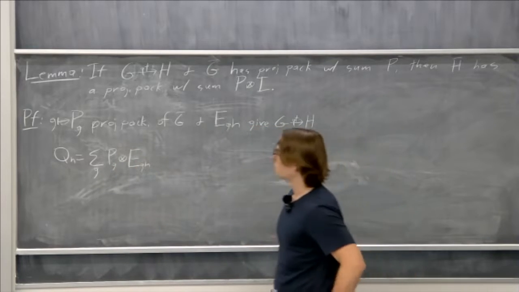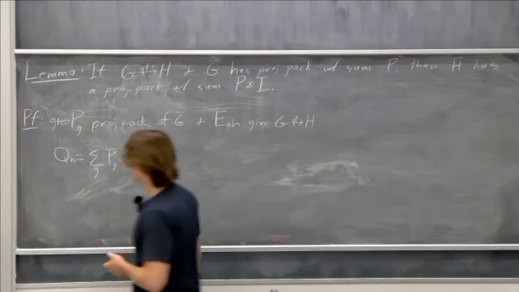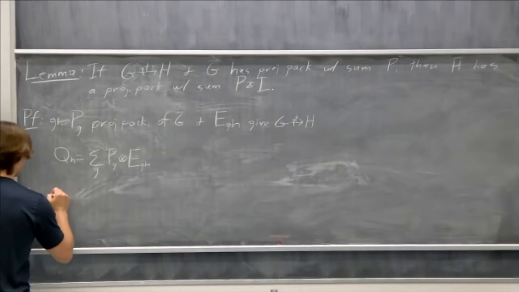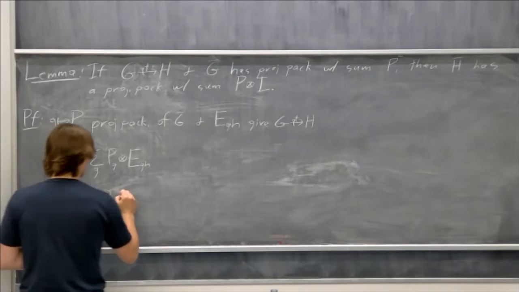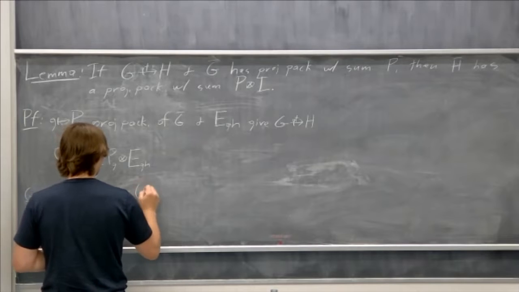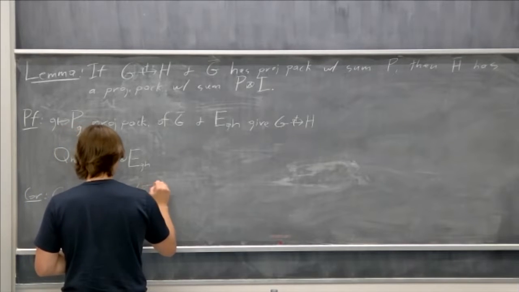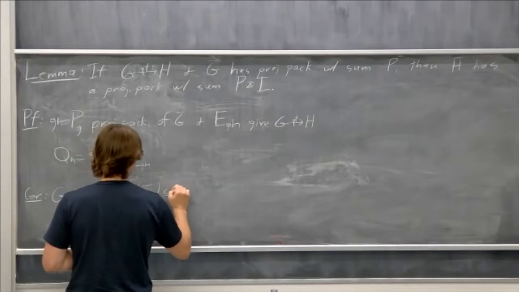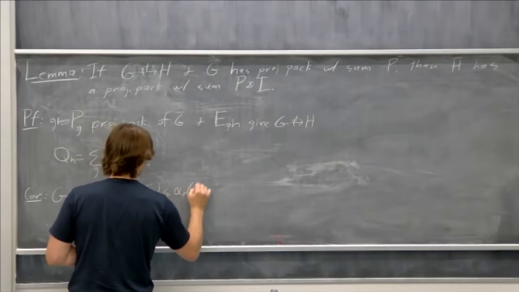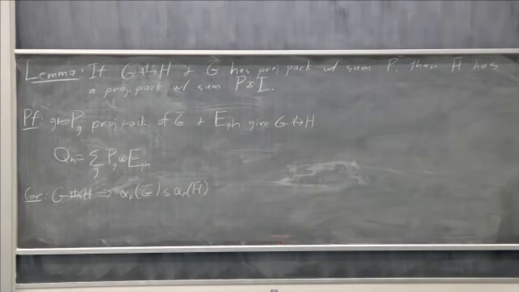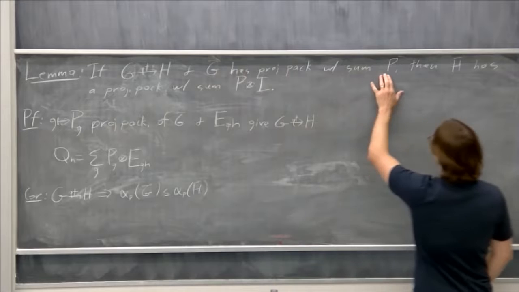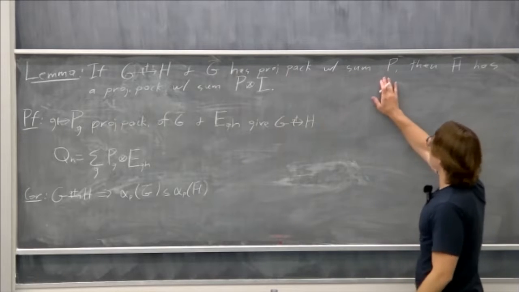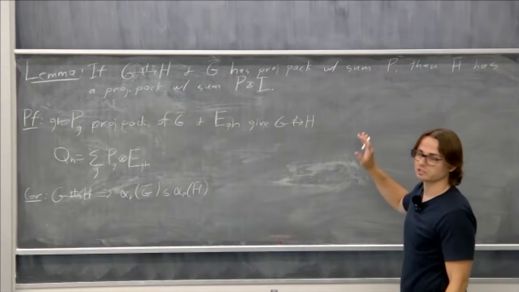Okay. But one thing that means is that if I have a quantum homomorphism from G to H, then this projective packing number for G bar is less than or equal to the projective packing number of H bar. Because if I have this projective packing for G bar with some P, what's the value of this projective packing?